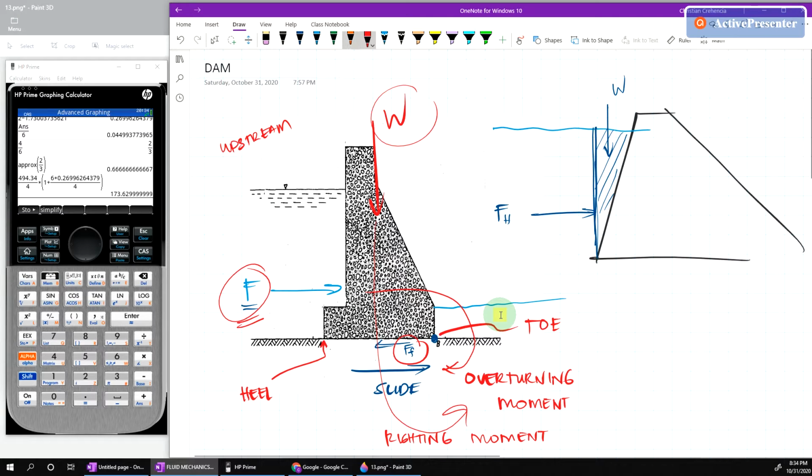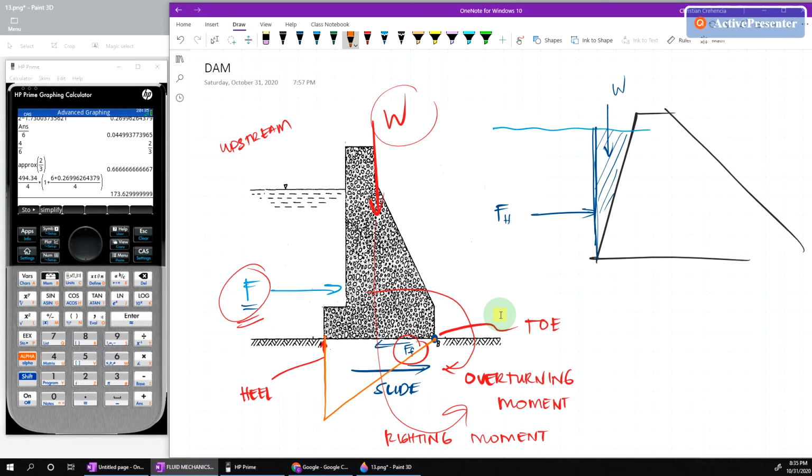So, yun naman yung tinatawag nating uplift forces. So, yung uplift force is, okay, so normally, so, halimbawa, wala muna tong water to sa kabilang side. Okay, so, madalas na sinasabi sa problem, it varies linearly to full hydrostatic pressure at the heel, then 0 doon sa toe natin.